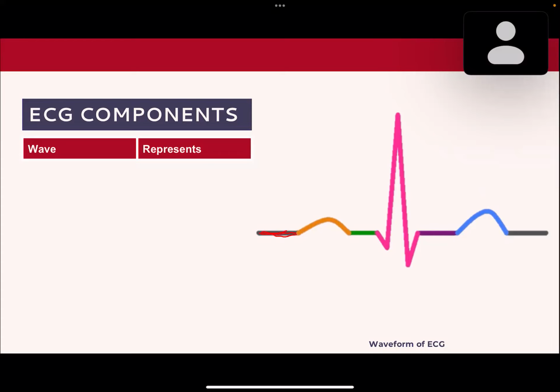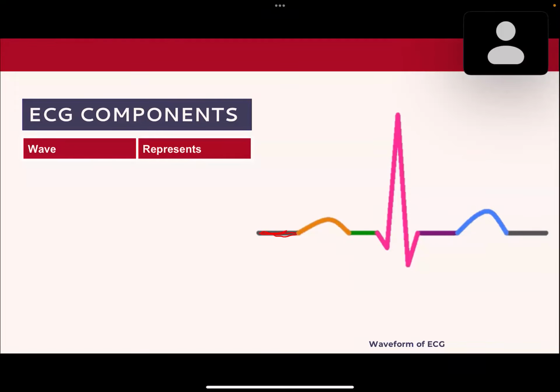Exactly. In naming those waves, they took a group of letters from the alphabet and they took the PQRST for some reason. So they just named those waves PQRST, and that's it. That makes it much easier for you.